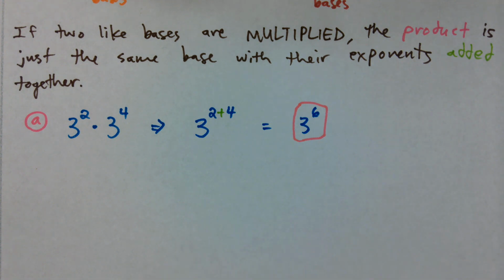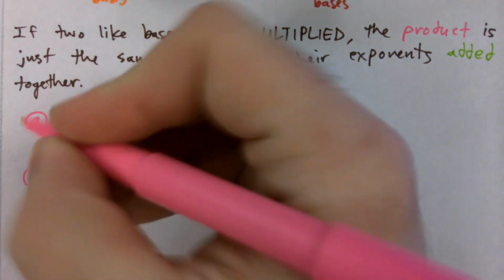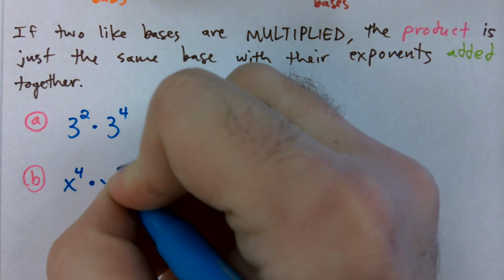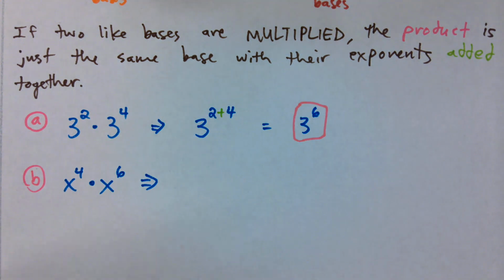Not too bad of an example, right? What about example B? Let's do x to the 4th times x to the 6th. Can we have variables that are like bases? Yeah, of course. If you look back to our definition of like bases, it says 2 or more quantities. Not 2 or more numbers, 2 or more quantities.